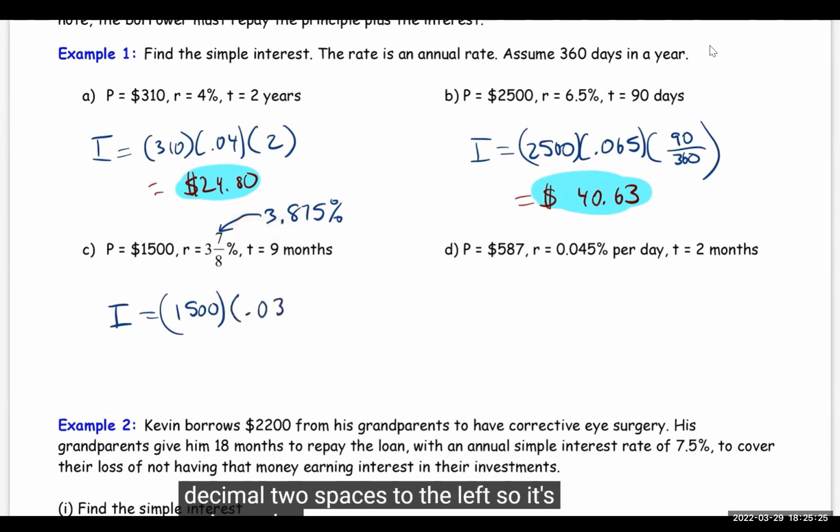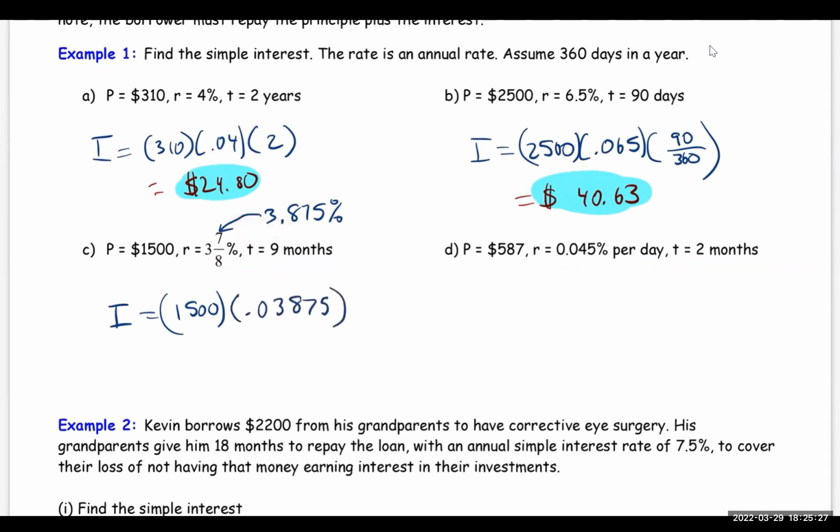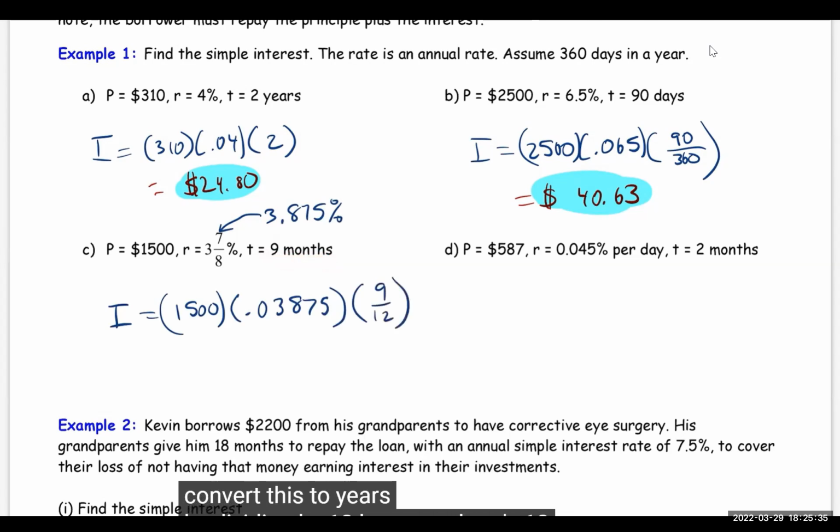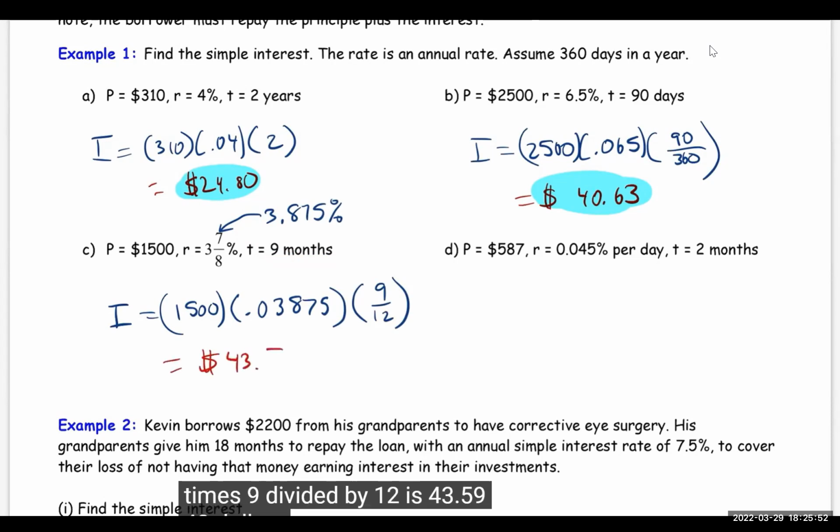So it's going to be 0.03875 times 9 months. That means convert this to years by dividing by 12, because there's 12 months in a year. So 1,500 times 0.03875 times 9 divided by 12 is $43.59.